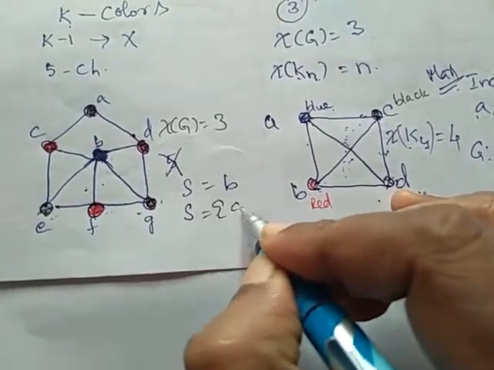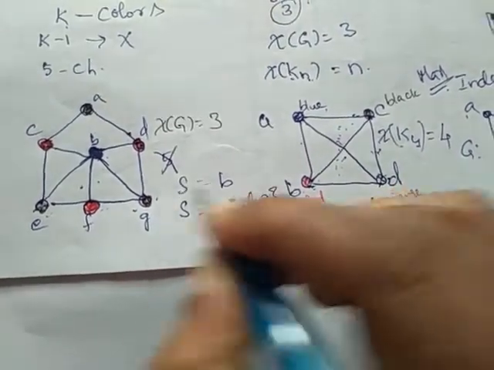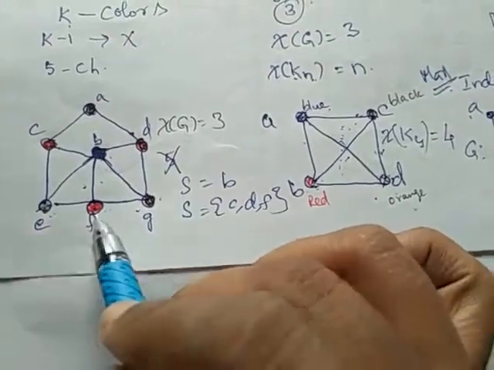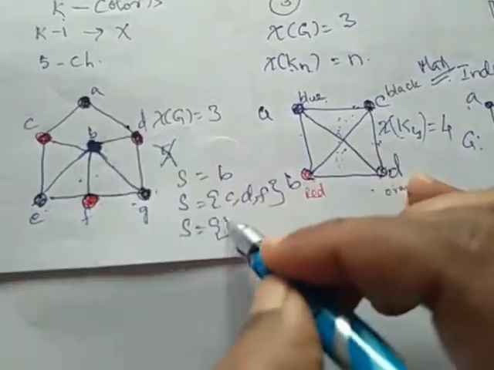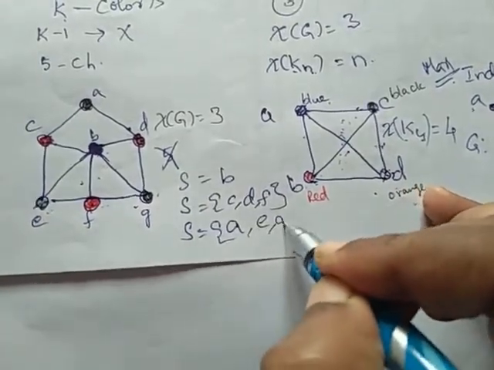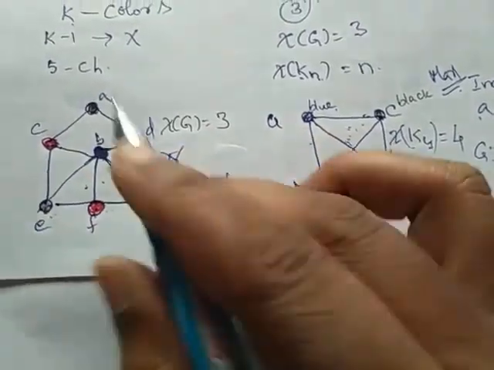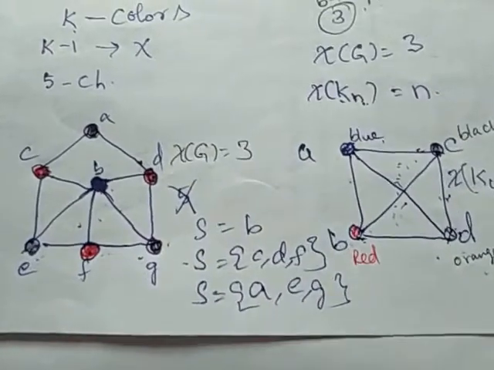Red are C, D, F. Obviously, C is not adjacent to F, and F is not adjacent to D. Black are A, E, G, and obviously A, E, G are not adjacent to each other.